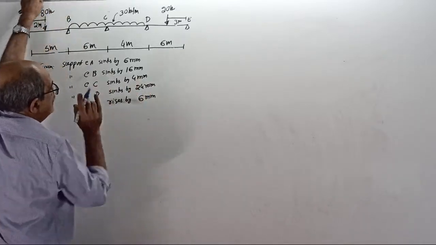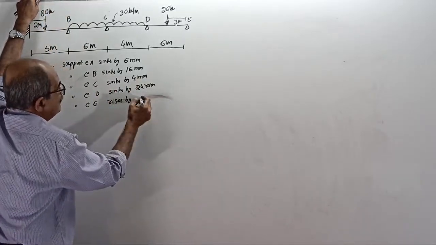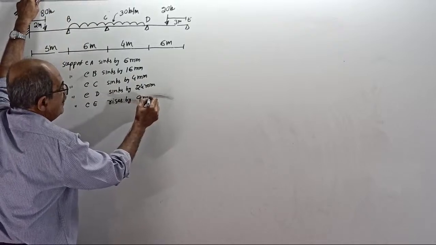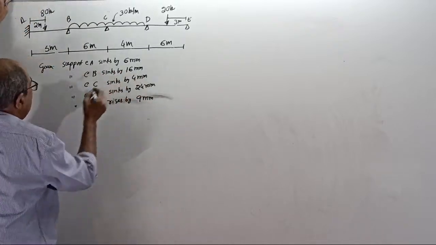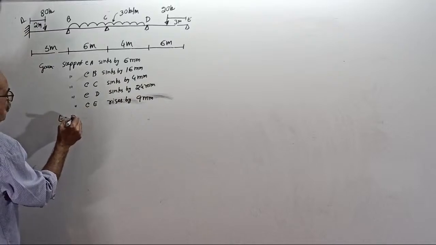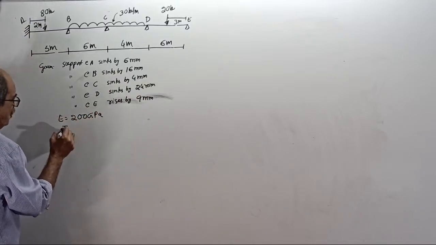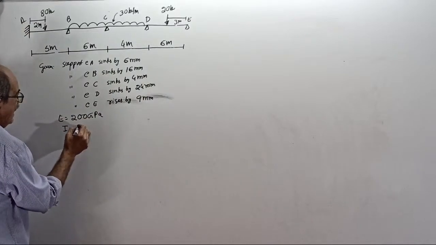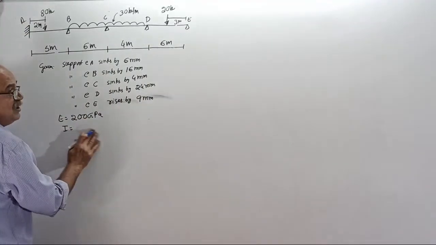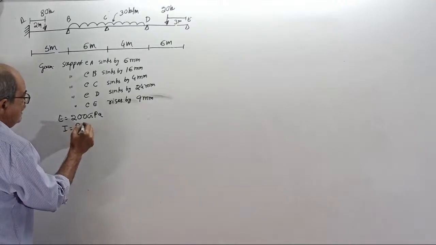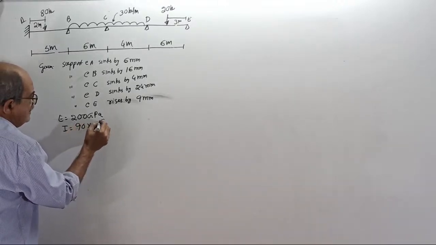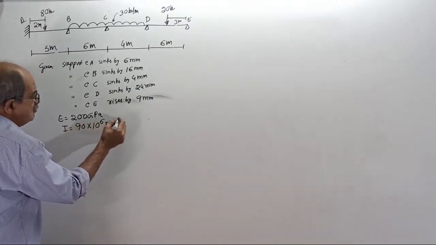Okay, not 6, 9 millimeter. E equal to 200 GPa steel and I equal to 90 times 10 to the power 6 millimeter power 4.